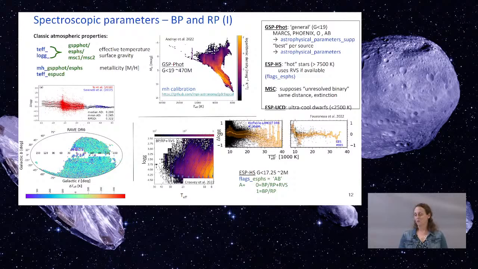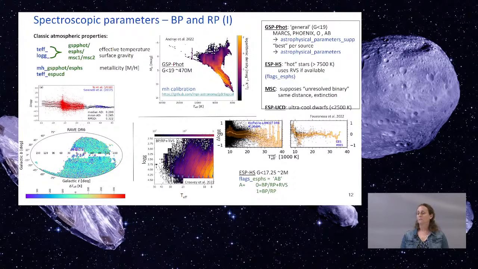Then on the right panels, I show a comparison of the surface gravities compared to external data, where the median offset is the highlighted orange line in the center. You can see that between 10,000 and up to 50,000 Kelvin, we have relatively good agreement. There are some regions a little bit more difficult to derive, at least in comparison with the external catalogs. And the two figures are differentiated by their temperatures, or the catalogs that are used.